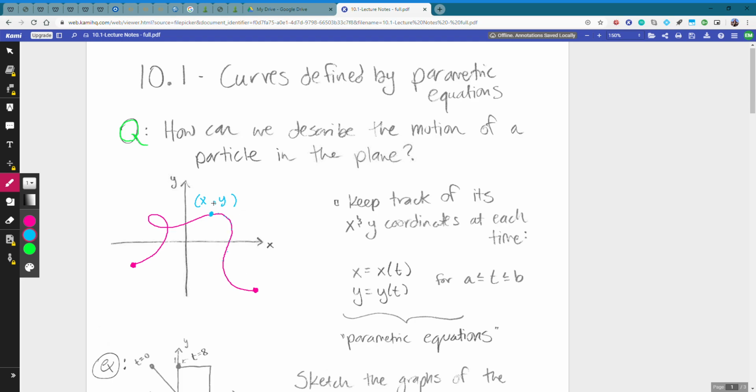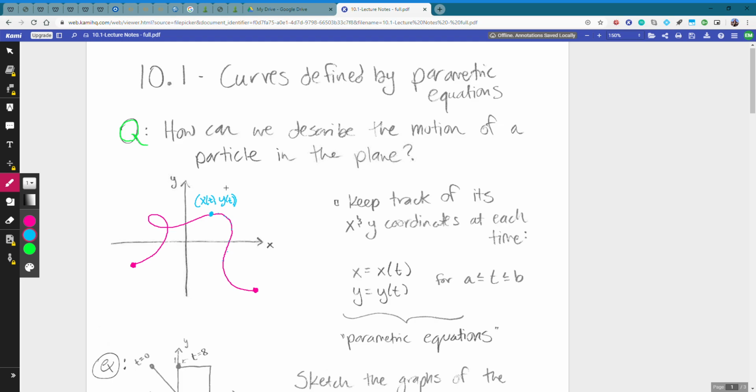And so the x coordinates and y coordinates of our particle actually change with each point in time. So this x is not just a static x. We can think of this x as a function of time. And similarly, y is a function of time. For each point in time, we'll have a different x and a different y coordinate.